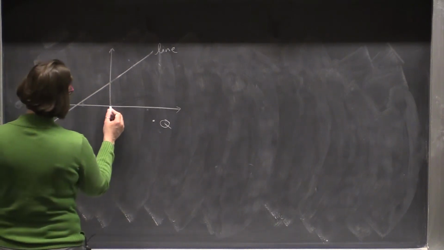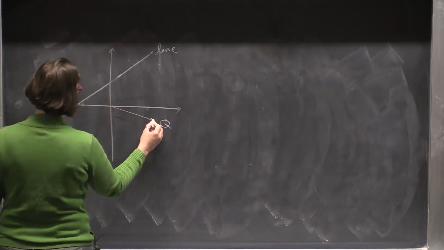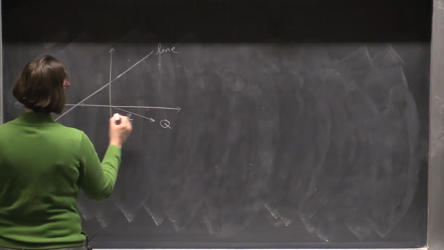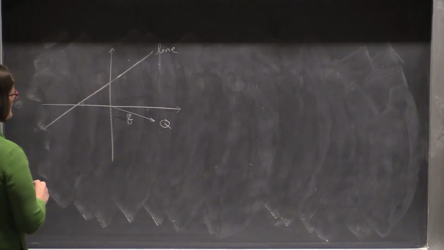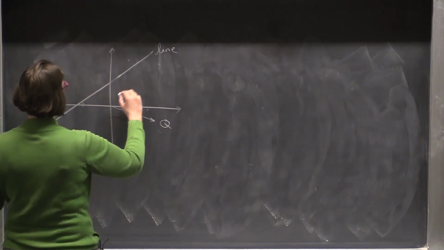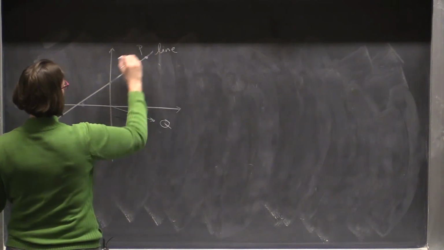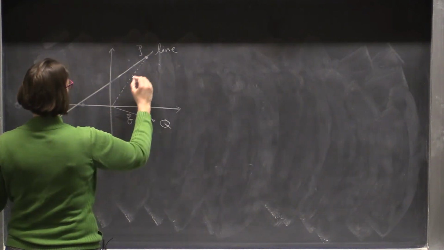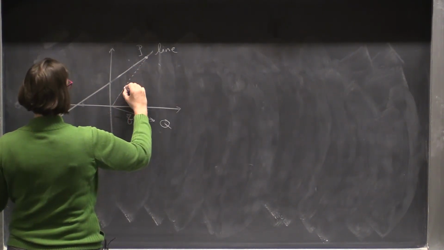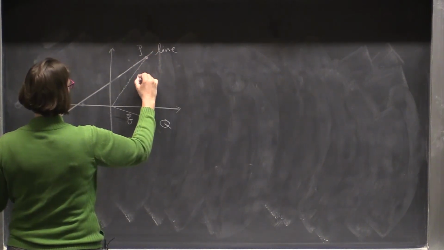So certainly we have a position vector for Q. And if we had a point on the line, we would have a position vector for the point on the line.